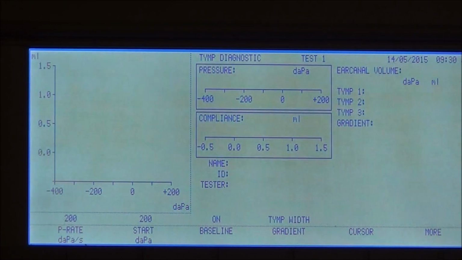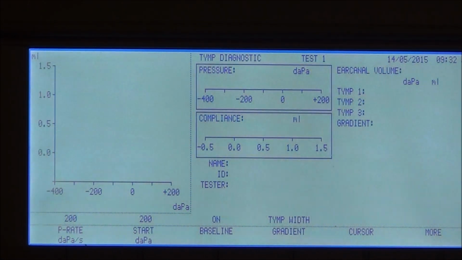If it is an uncompensated tympanogram, then your compliance graph will not start from 0. It will start from a positive value.